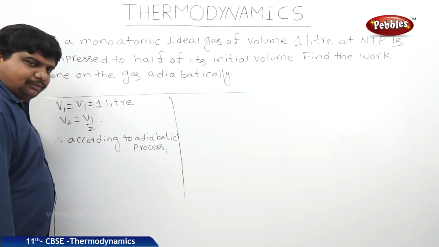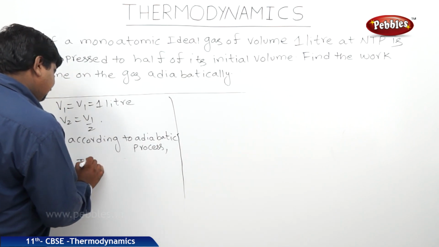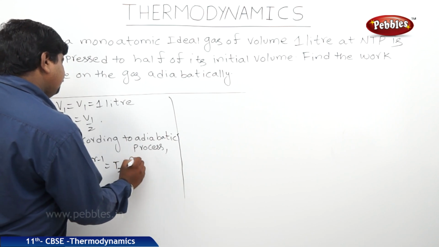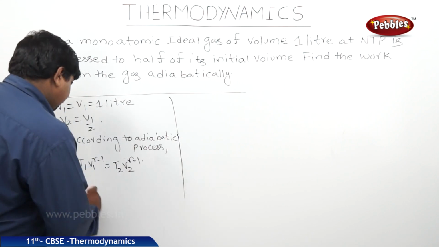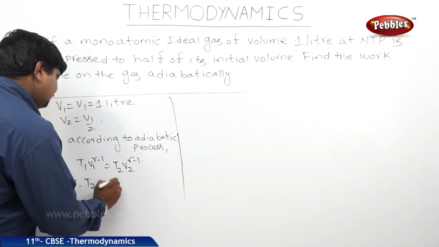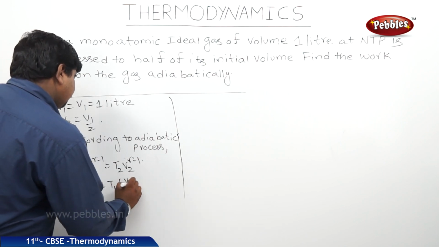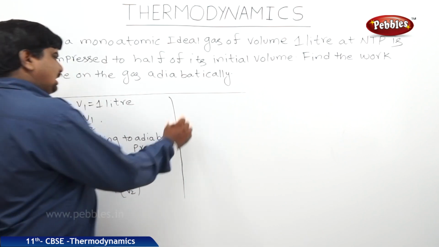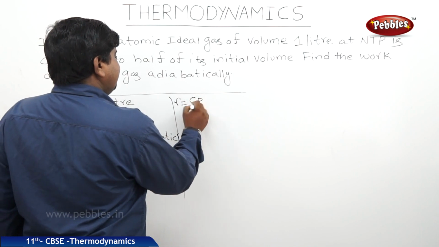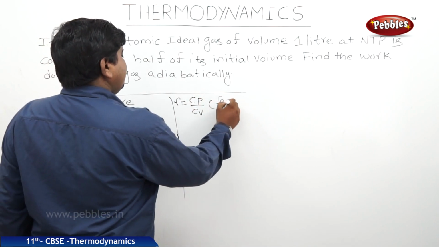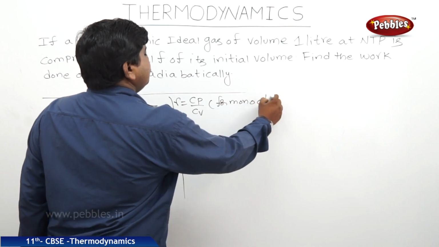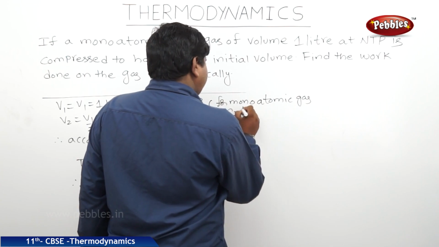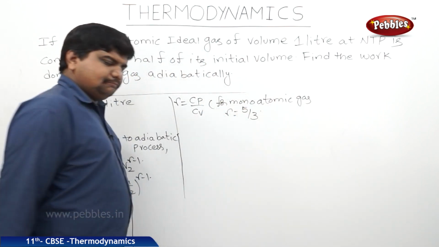So in adiabatic process we can write T1 V1 power gamma minus 1 is equal to T2 V2 power gamma minus 1. From this we can write T2 is equal to T1 into V1 by V2 whole power gamma minus 1, where gamma is Cp by Cv for monoatomic gas, gamma is equal to 5 by 3.